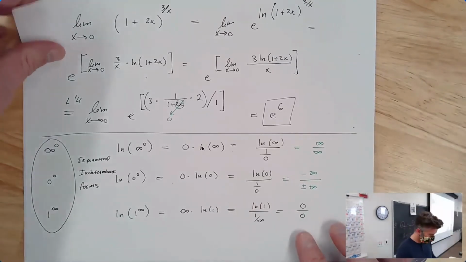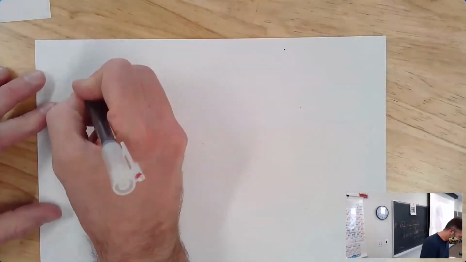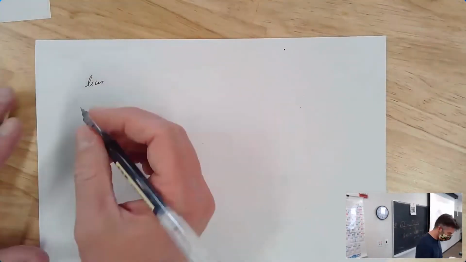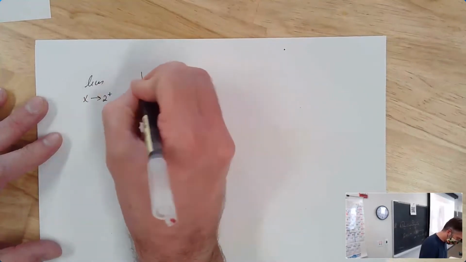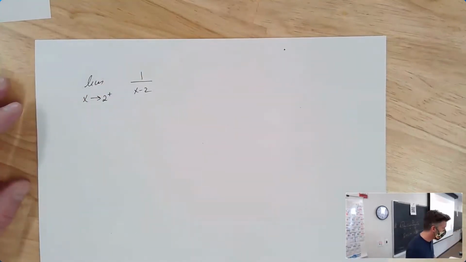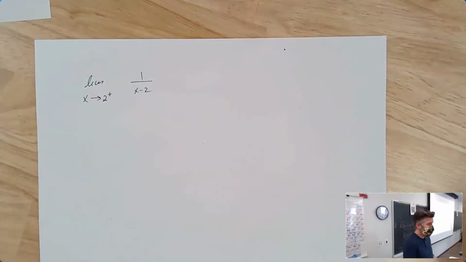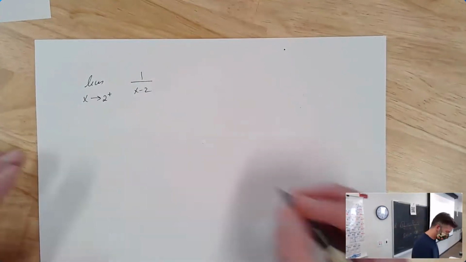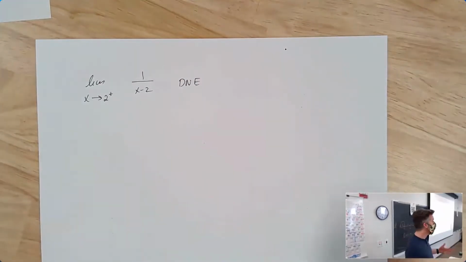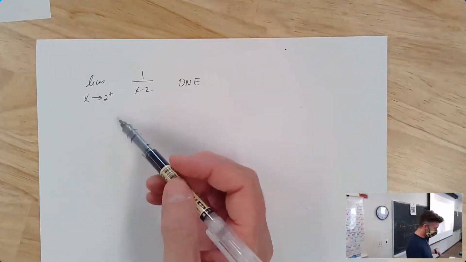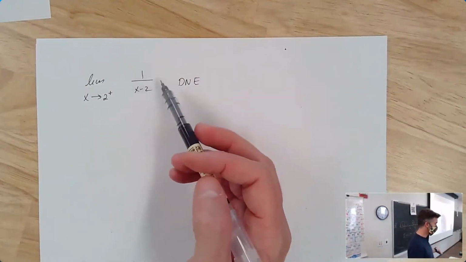If someone asked you what the limit, I'm going to make this very obvious, limit as x goes to 2 from the right of 1 over x minus 2 is, technically this limit doesn't exist. However, we know enough about it to say, well, it does not exist, but we also are aware that as x is closer and closer to 2 from the right, this function does get infinitely large.